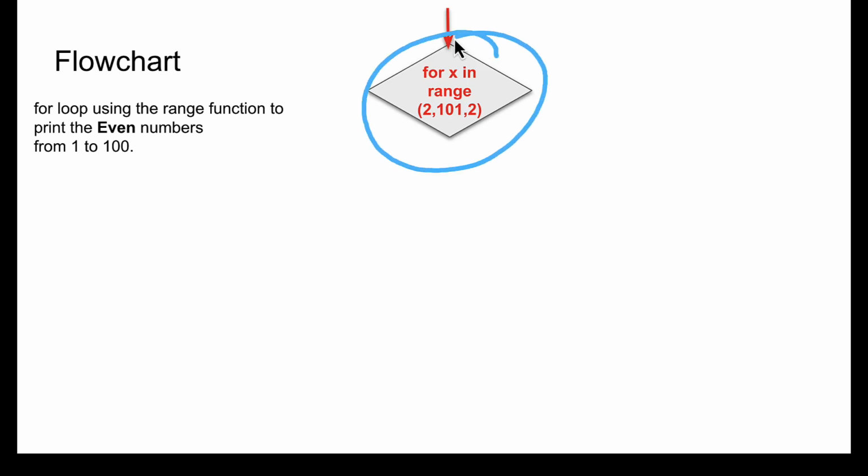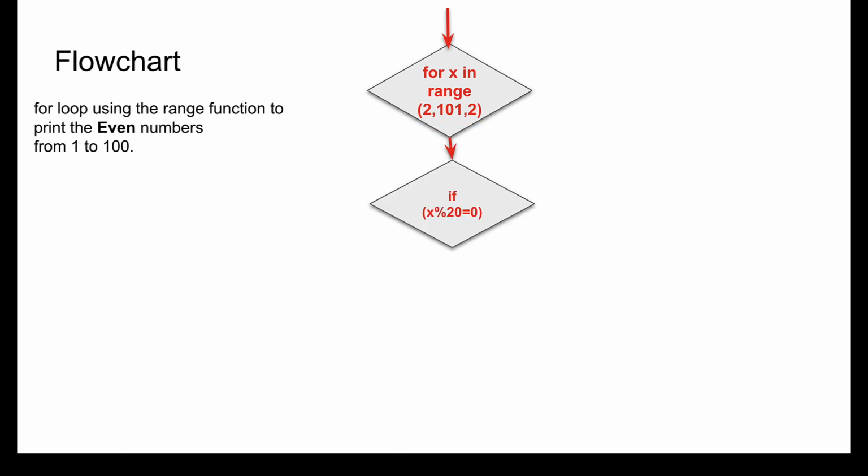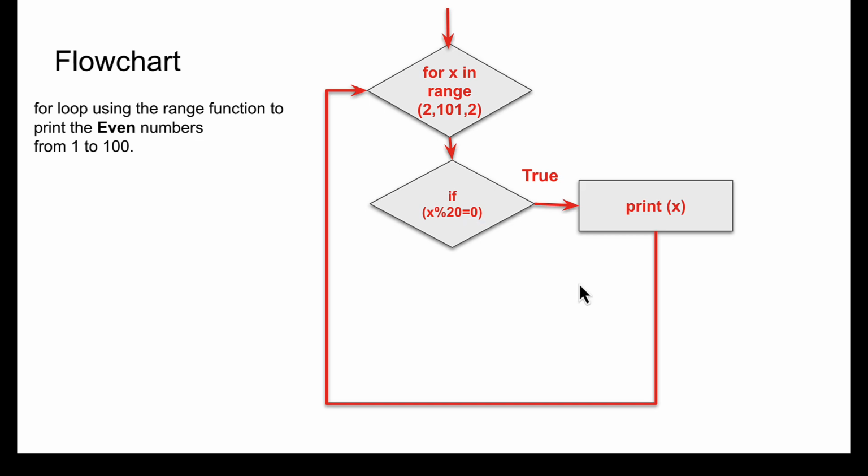For the even ones, this is our beginning, utilizing our for loop and our updated range. And this time we're doing something slightly different. If x%20 is equal to 0, what this is identifying is that we're dividing by 20, and if the remainder is 0, then we're going to print out the value without the comma.